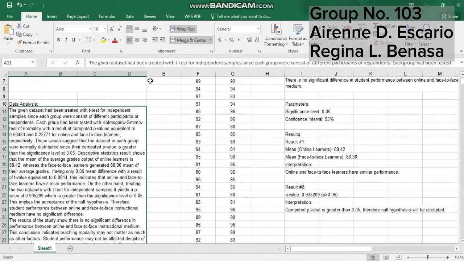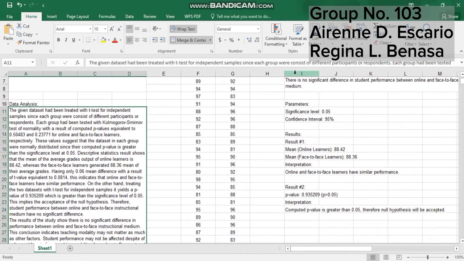The given dataset had been treated with t-test for independent samples since each group consists of different participants or respondents. Each group had been tested with the Kolmogorov-Smirnov test of normality with computed p-values equivalent to 0.50483 and 0.23771 for online and face-to-face learners, respectively.